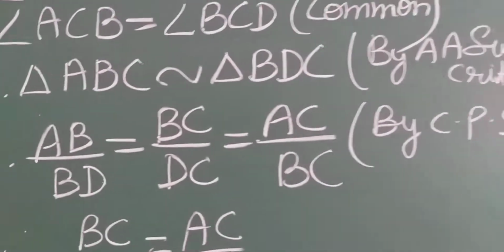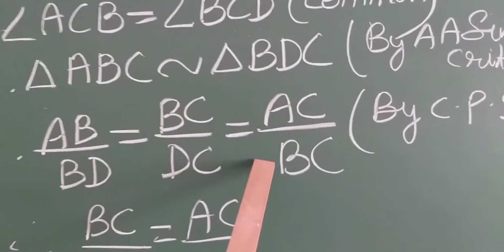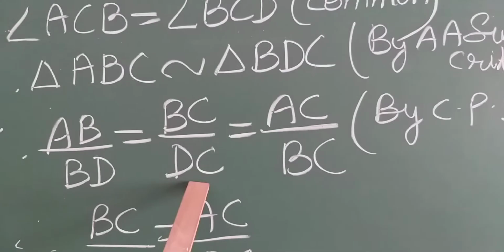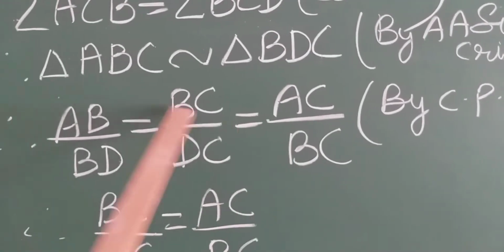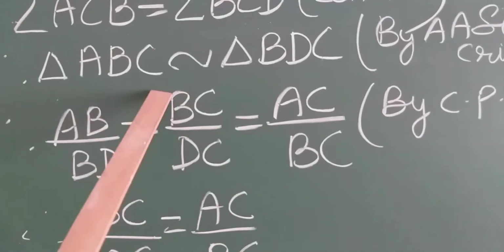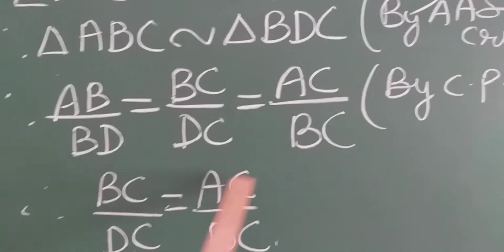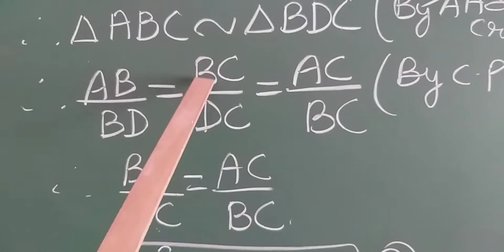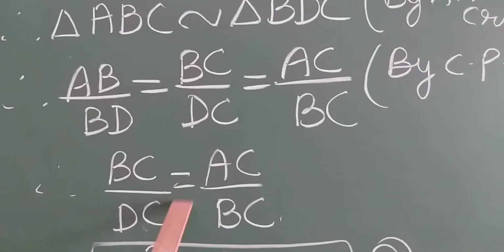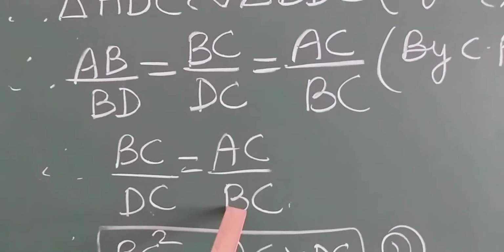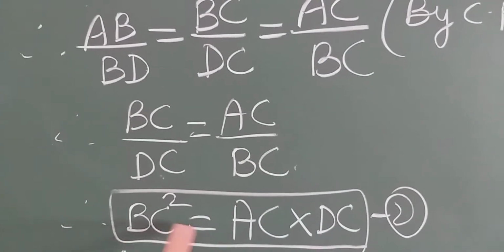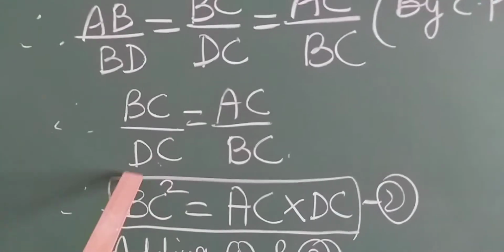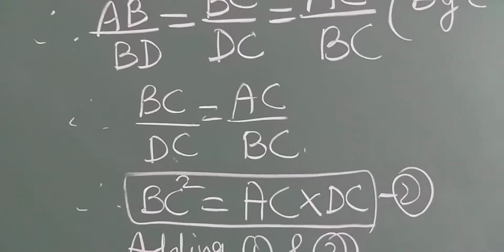To get BC square, you can see easily, if we take BC upon DC and AC upon BC, then we can get BC square by cross multiplication. That's why, students, I have taken here BC upon DC equals AC upon BC. So by cross multiplication we get BC square equals AC into DC, equation number 2.